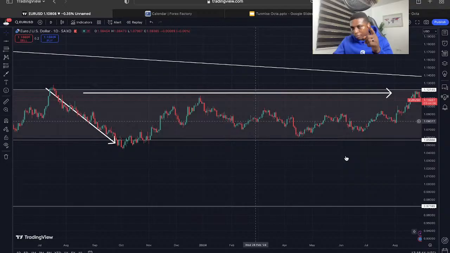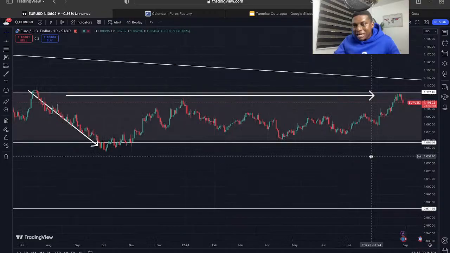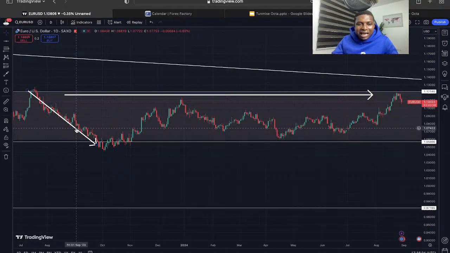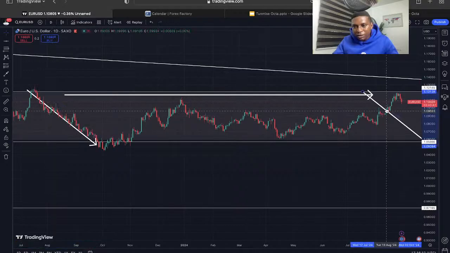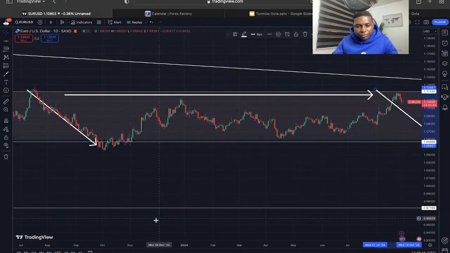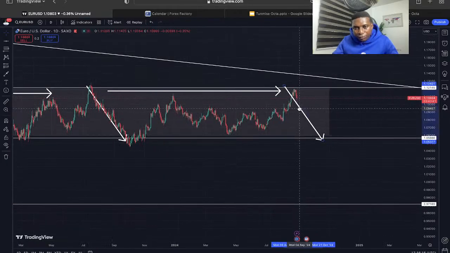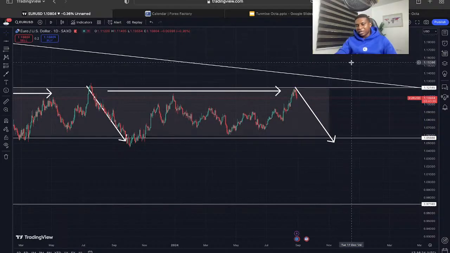And in recent time we saw that price has risen and touched that level. What are we anticipating from this? We are anticipating a replica of this move, based on price action.